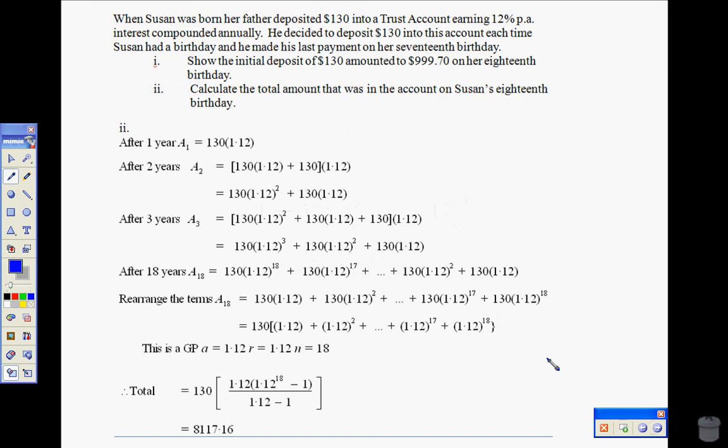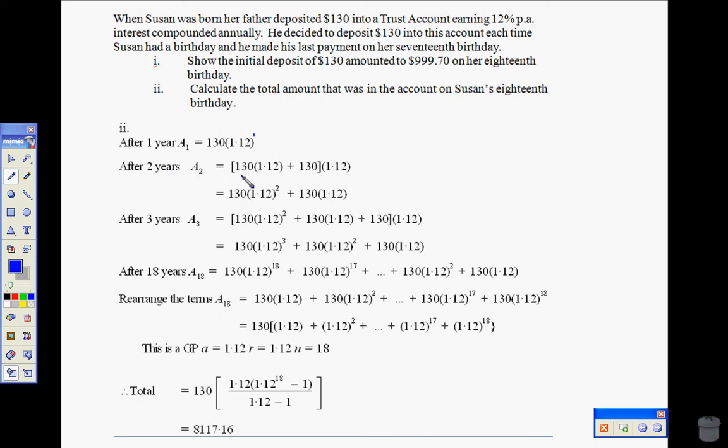So if we have a look at what the pattern is, after the first year, he puts in $130 and gains 12% interest. So that's the compound interest formula with 1 year there. Don't calculate it out, because we want to do the total amount, so we don't need to see it.